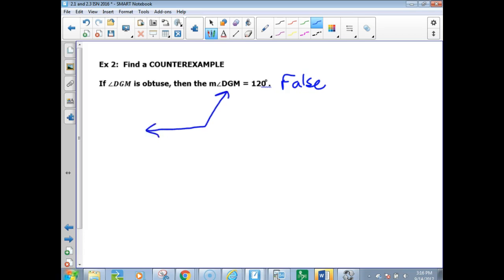So you just make one that's not 120. So mine's about maybe 145, sure. 140, I'll just say 140. Just make it easy. I don't care what you guys wrote. Could be anything between 90 and 180, just as long as it's not 120.